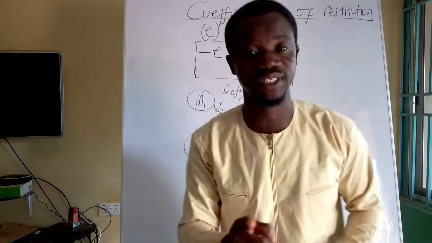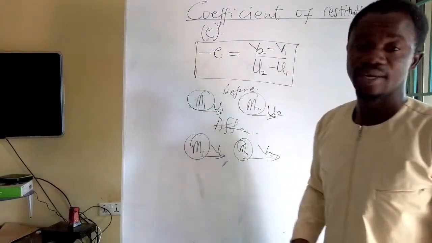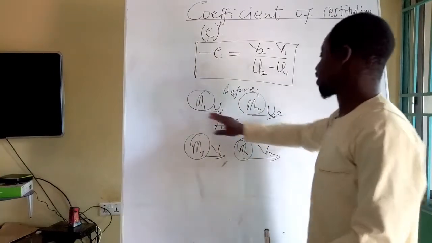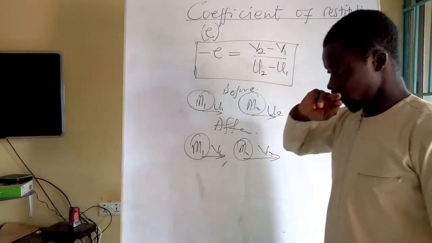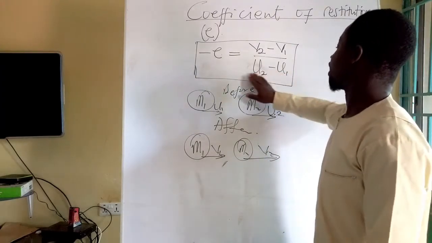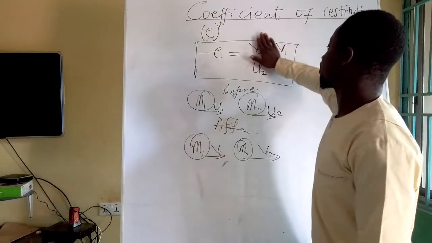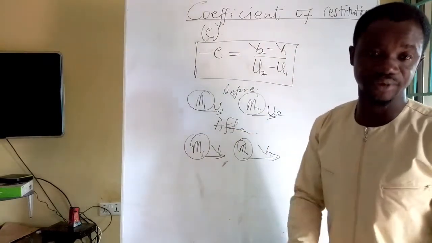Remember, velocity is a vector quantity. So anytime we use this formula, if the two bodies move in the same direction and collide, then their velocities are all positive. We always take into consideration the direction.